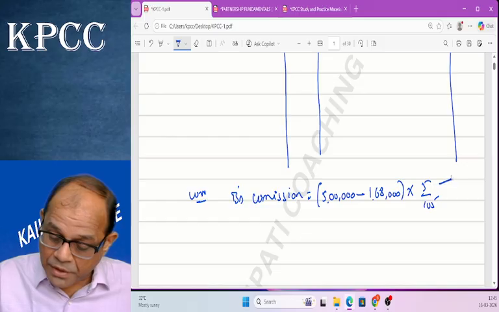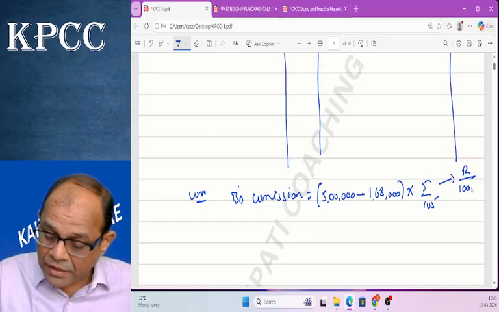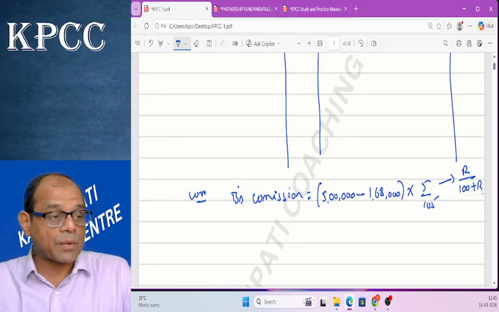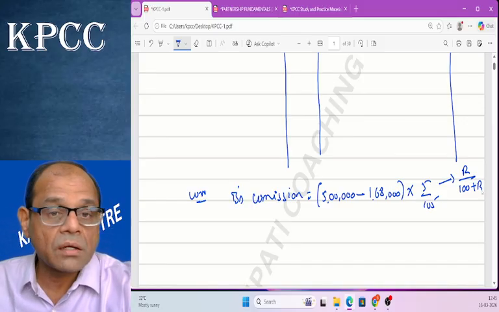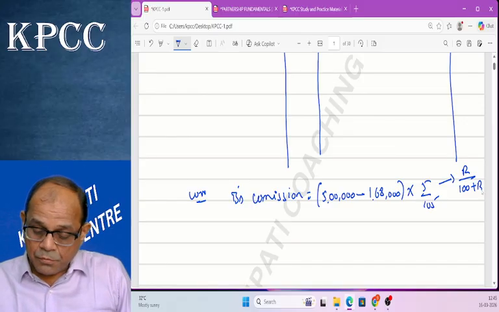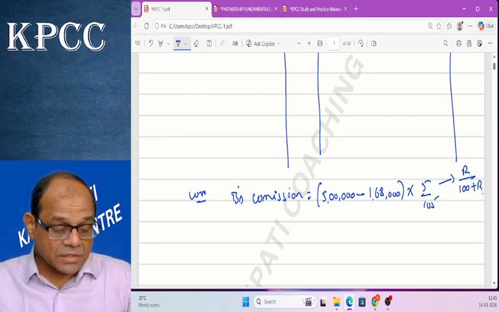This concept is R by 100 plus R, where R means rate of commission.